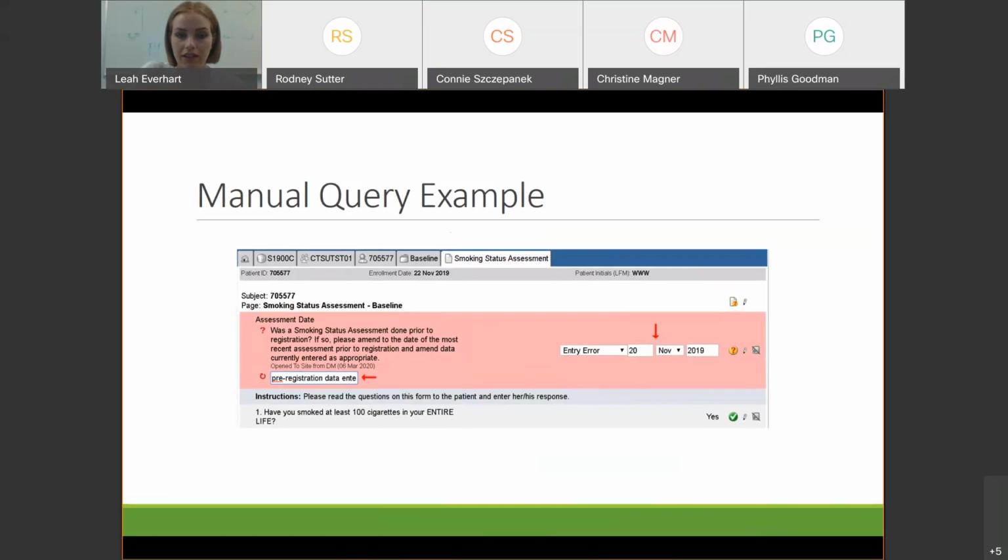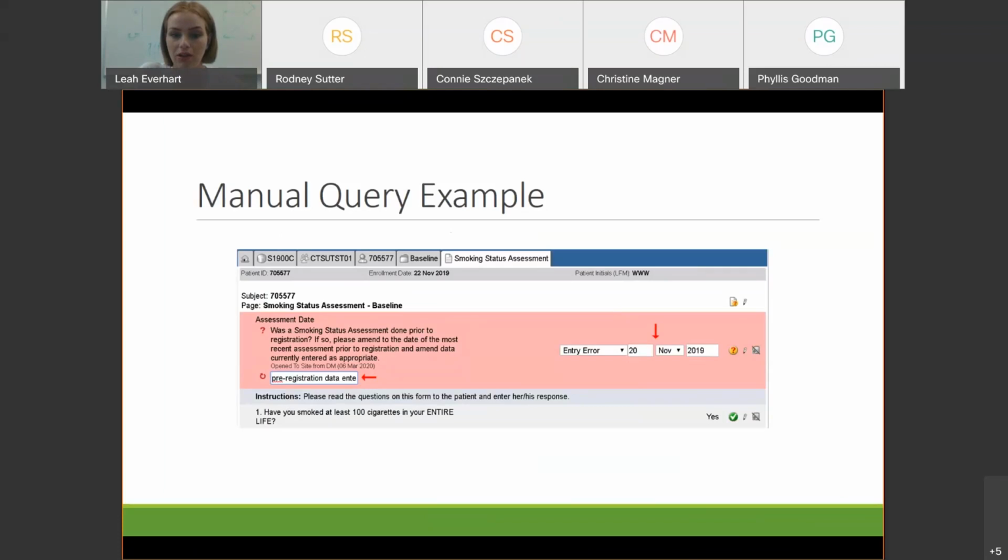So here you'll see I updated the data. And you'll notice that even though I changed the data, the response box remains editable. That's your reminder that you do have to type in a response. I could have also typed in a response without changing the data in this case. But be aware that any data entered in the response box is not saved to the database, and any information pertinent to the query response and to the patient chart as a whole should be noted in the comments section or the appropriate field in the form.